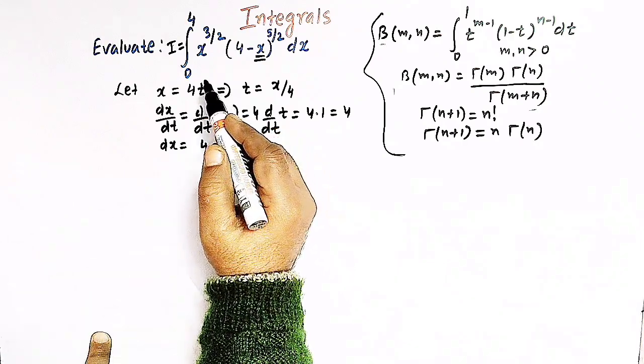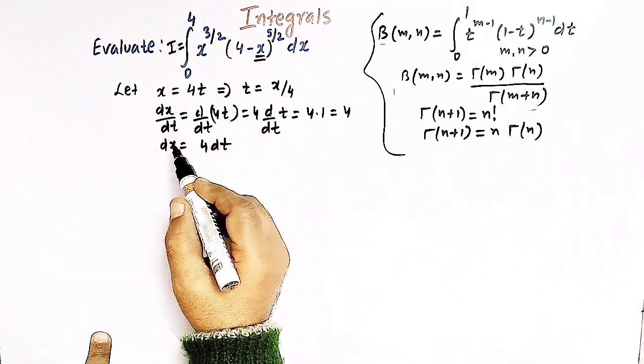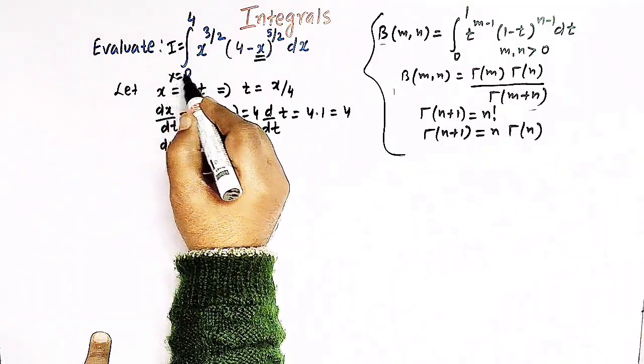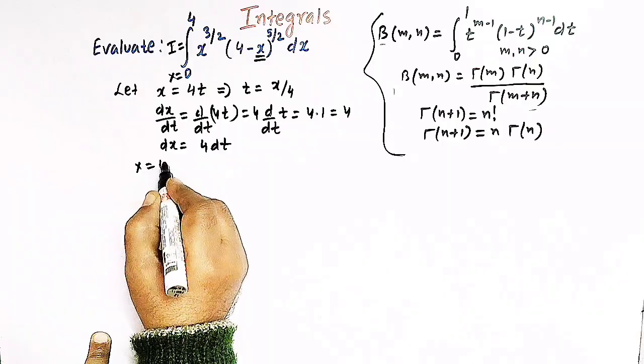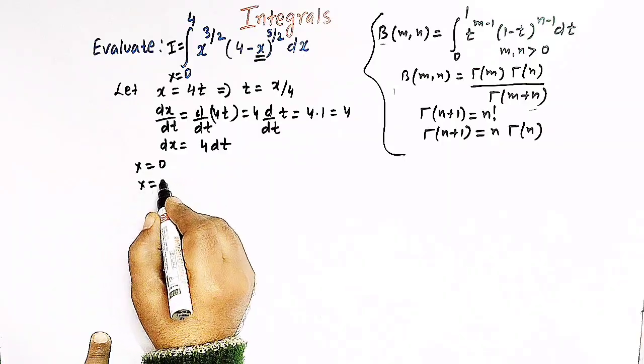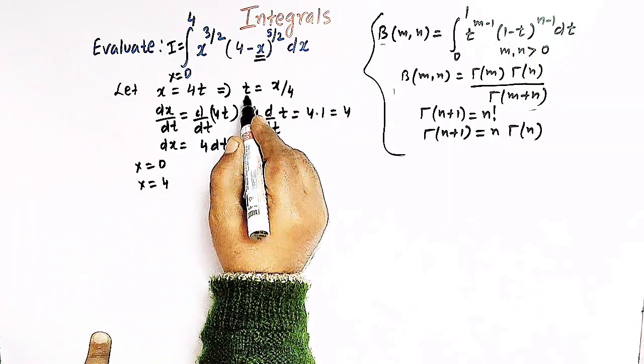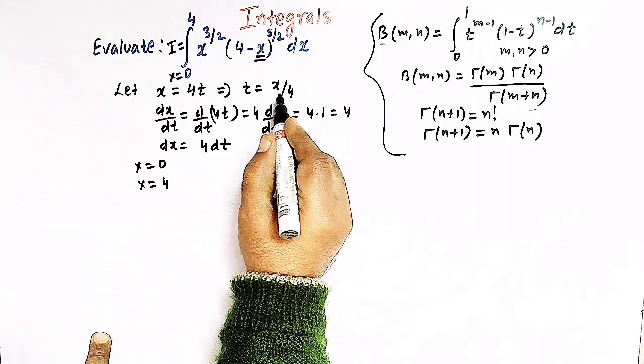Now let us change the limits, because here x varies from 0 to 4, and we can find the value of t using this relation.